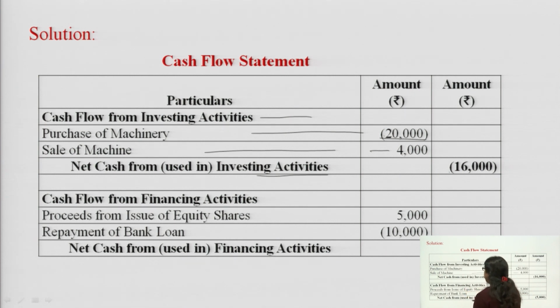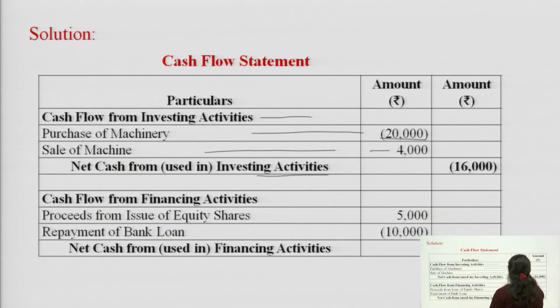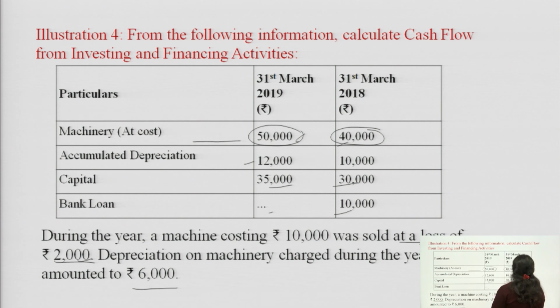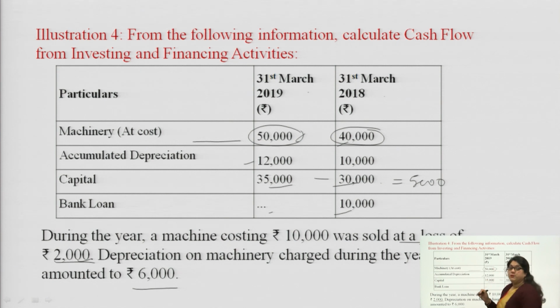Cash from the financing activity: proceeds from the issue of equity shares, repayment of the bank loan. See here, capital was 30,000 and 35,000, bank loan was 10,000, and capital has increased by 5,000. See this amount, the difference between 35,000 and 30,000 equals 5,000, means last year it was 30,000, in 2019 it is 35,000, means shares have been issued.